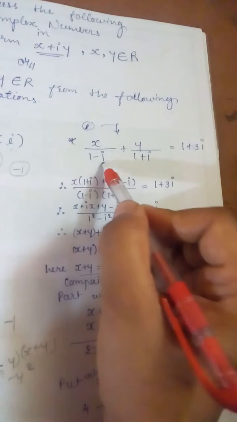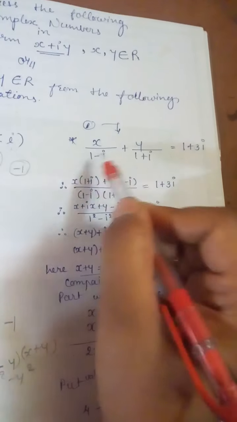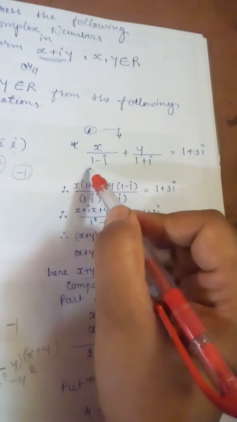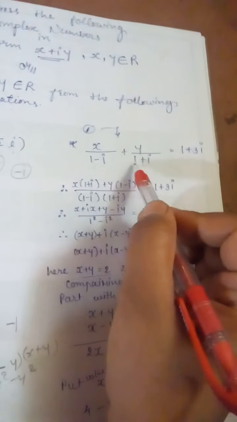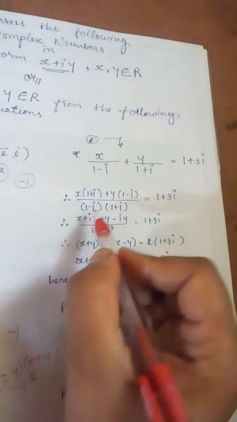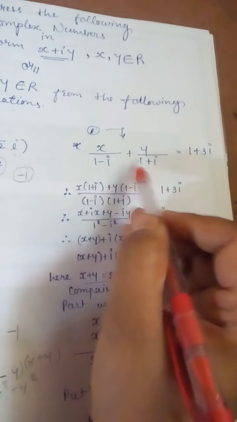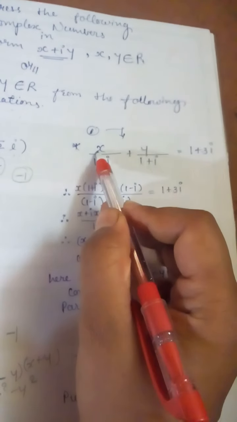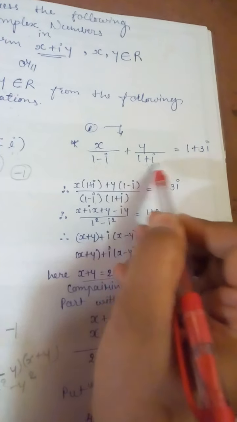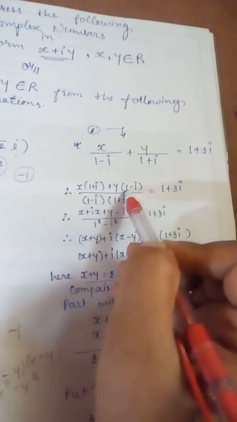How will it be simplified? First we need to take the LCM of both, which will be 1 minus i into 1 plus i. For that you need to do cross multiplication here: x multiplied with 1 plus i, y multiplied with 1 minus i.